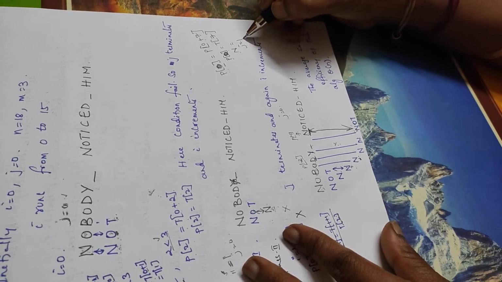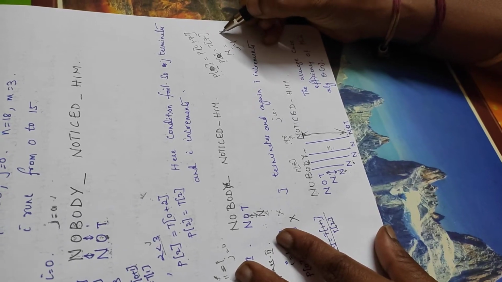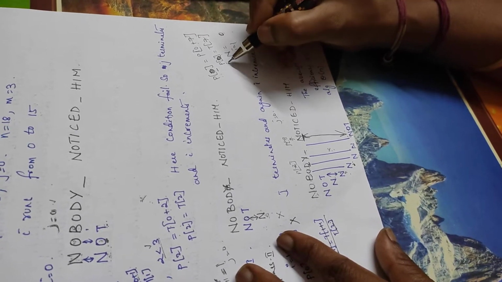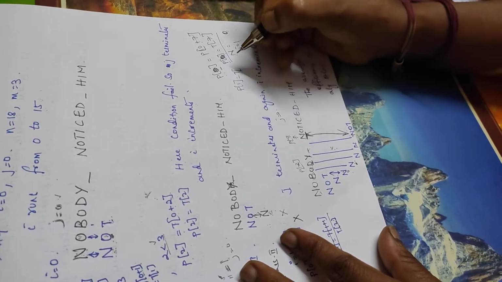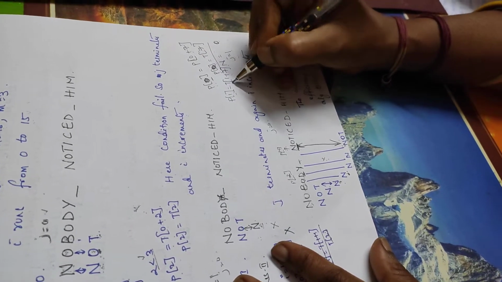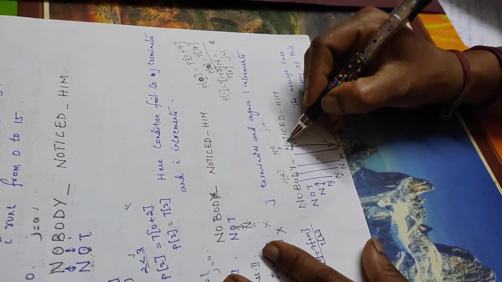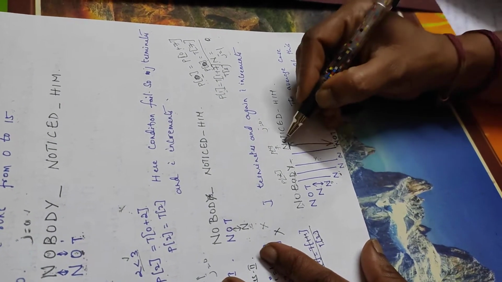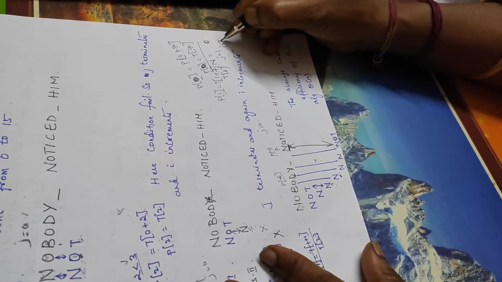When j is 1, it takes the next character of your pattern, which is o. So p of 1 is compared with t of i plus j, where i is 7, so it takes the t of 8th character, which is o. So o and o are compared, and again you find a match, so j becomes 2.